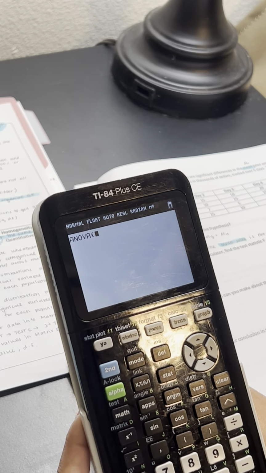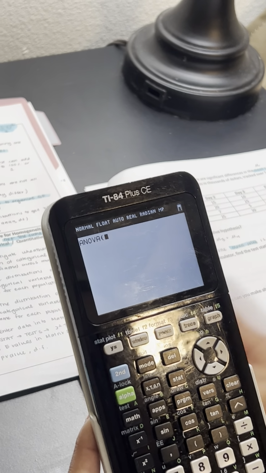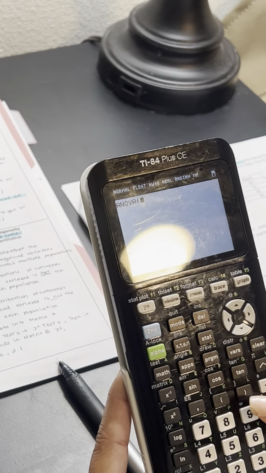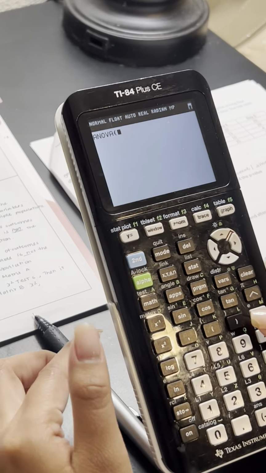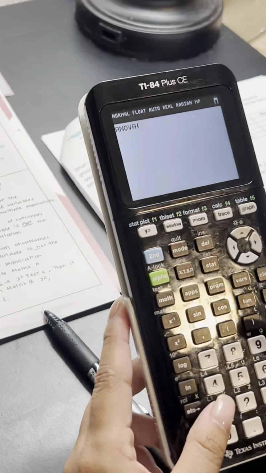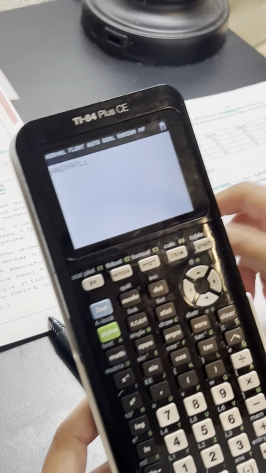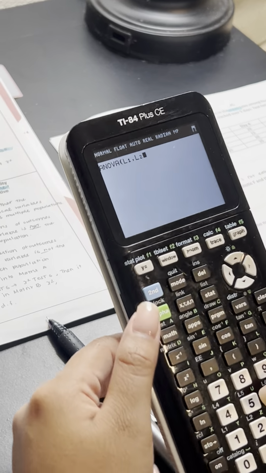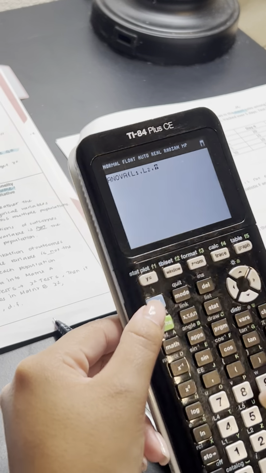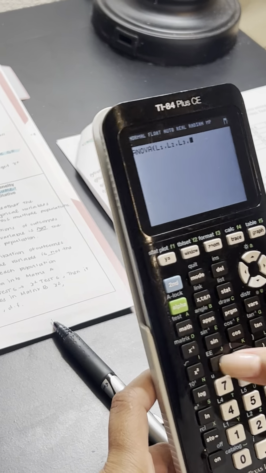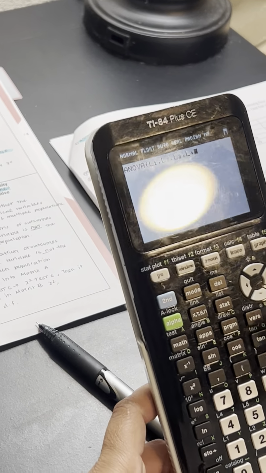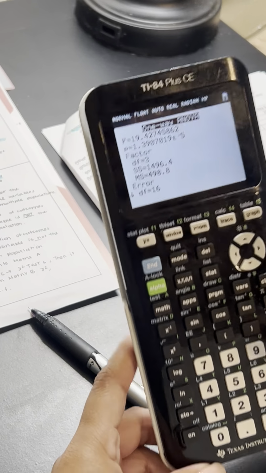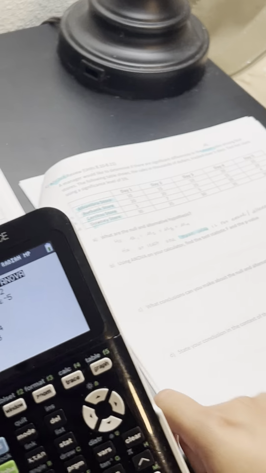Let me see, how do we find the p-value again? Oh, okay, I remember. So we have to manually put second L1, comma, second L2, comma, second L3, comma, second L4. Since we're talking about 4, we're going to enter that, and it's going to give us basically what we need.